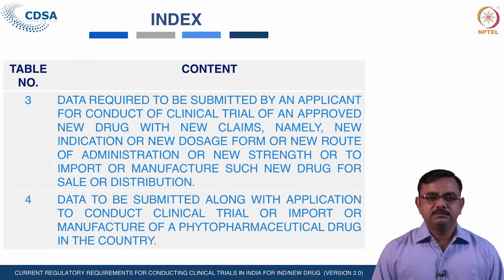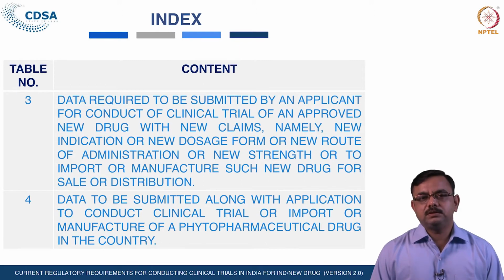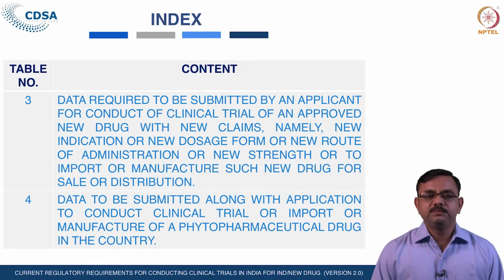So in this case, the number and date of permission or license granted for the approved new drug are required. As this is the data to be submitted for the subsequent new drug, it means the drug has already been approved, so details of the approval have to be submitted.